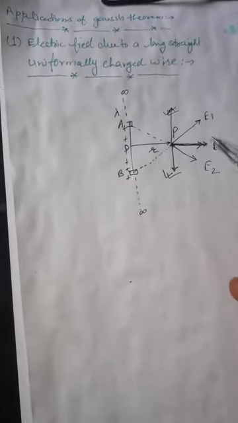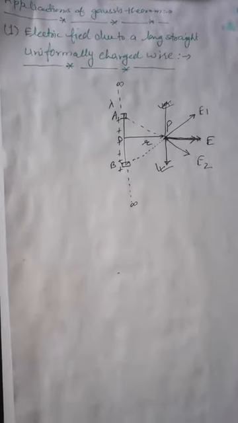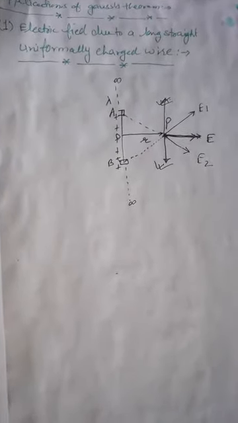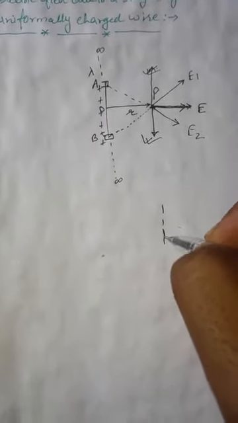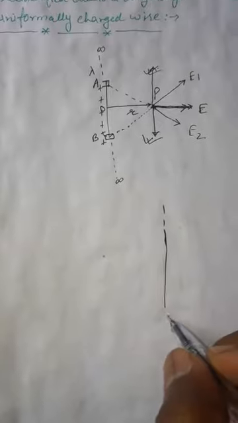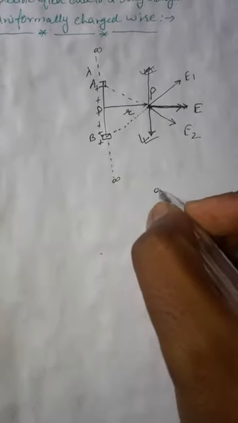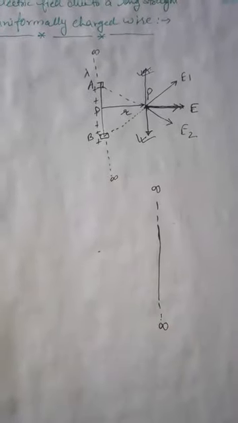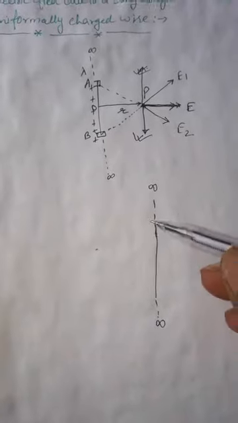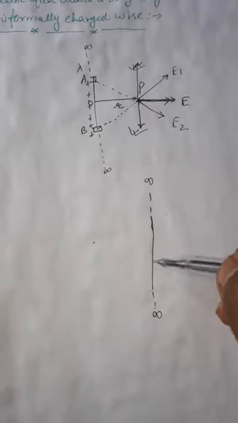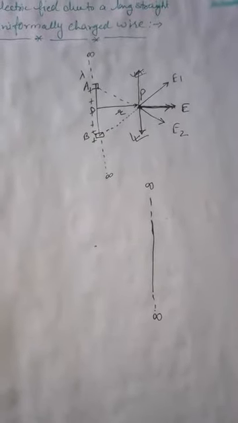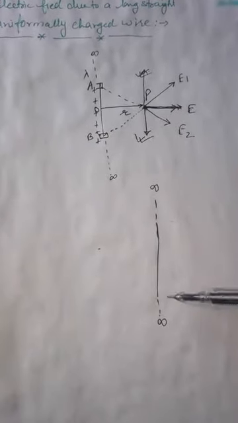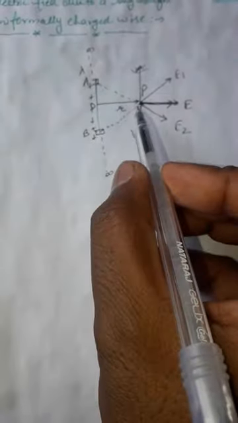Now, for calculation of this electric field in detail, consider again the wire of infinite length. Infinite length means the length of this wire is not actually infinite, but it is very large compared to the distance r.